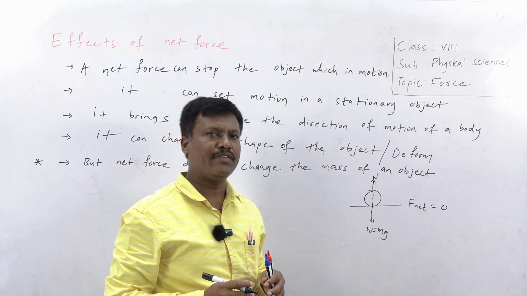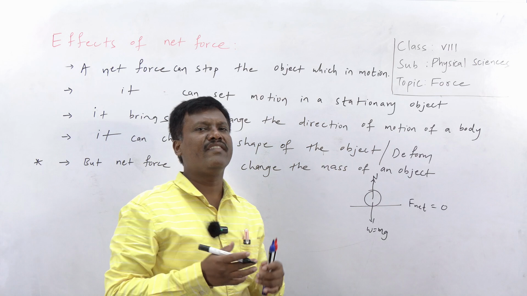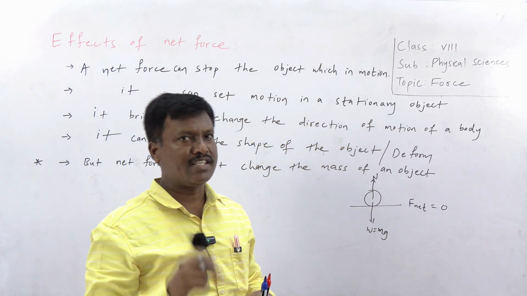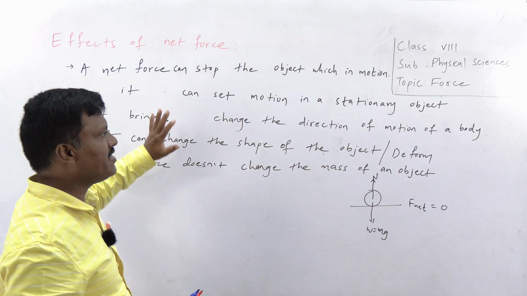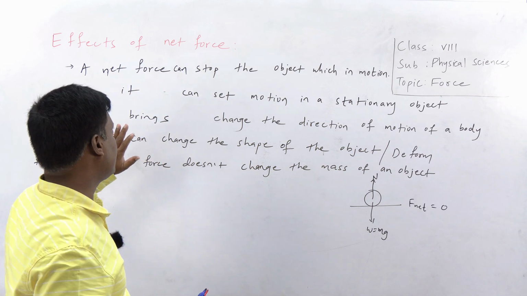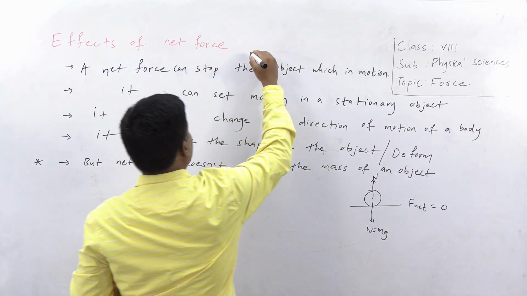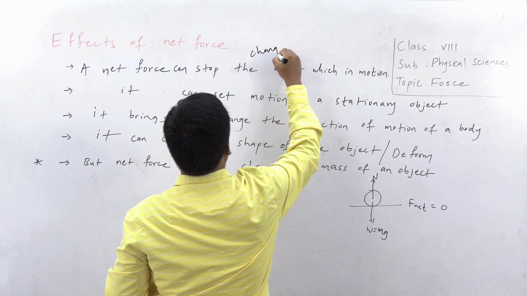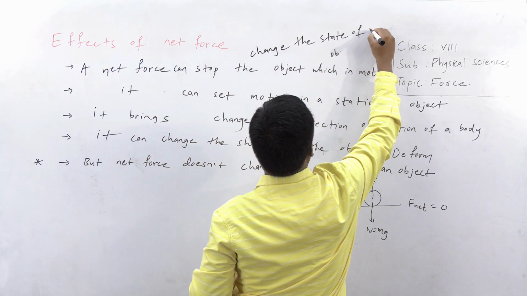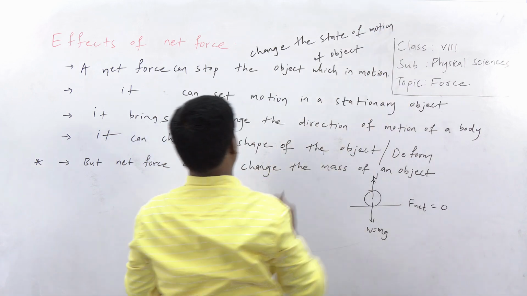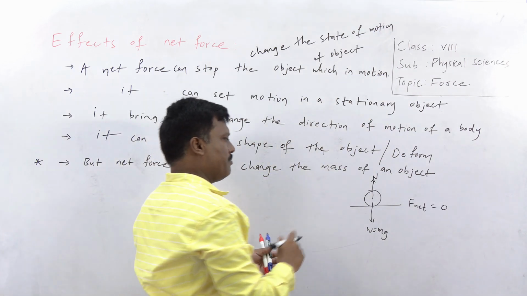But when the object is moving with non-uniform motion, there is a net force. That net force brings some changes in the object. Generally, net force changes the state of motion of the object. For example, you see here the same ball.